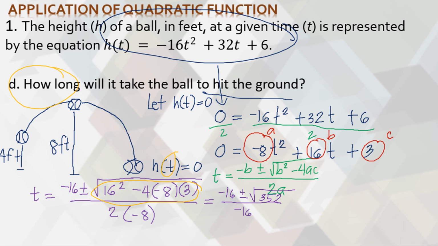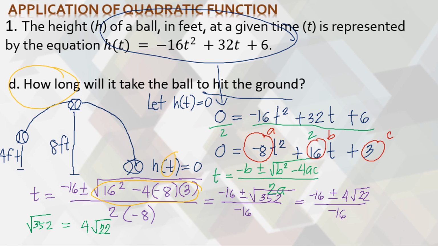Ang square root of 352 is equal to 4 square root of 22. Because the square of 22, pag i-multiply mo sa 4, is 352. Okay? So, dahil dyan, meron tayong negative 16 plus or minus 4 square root of 22 over negative 16.